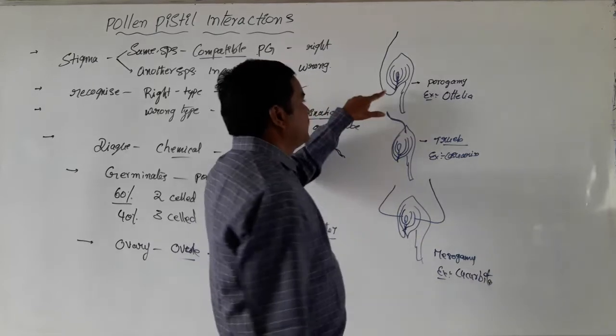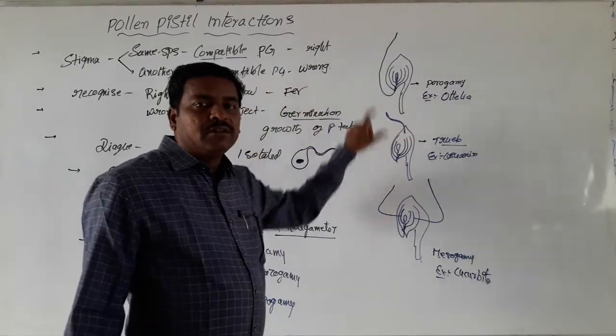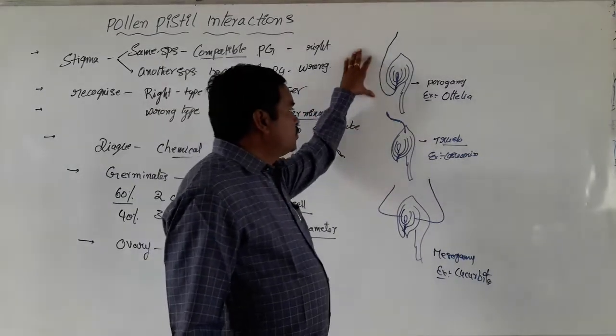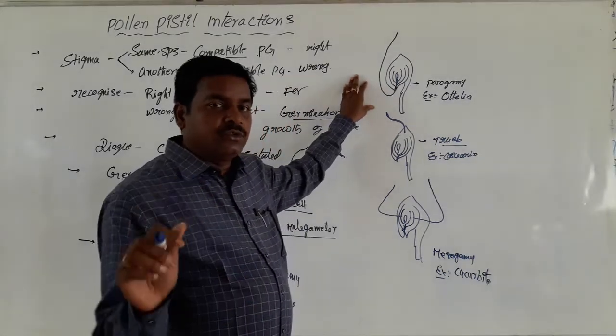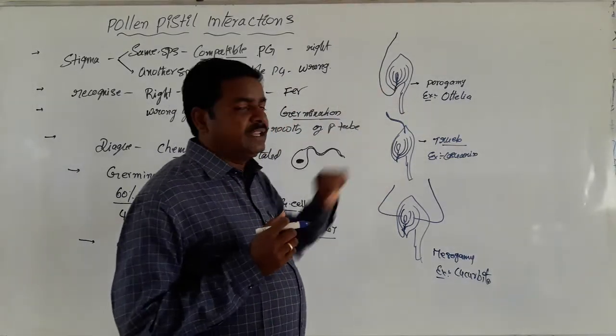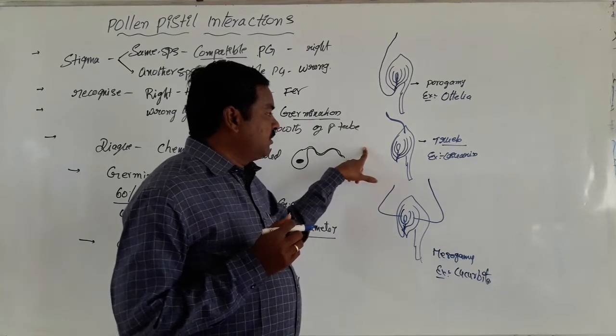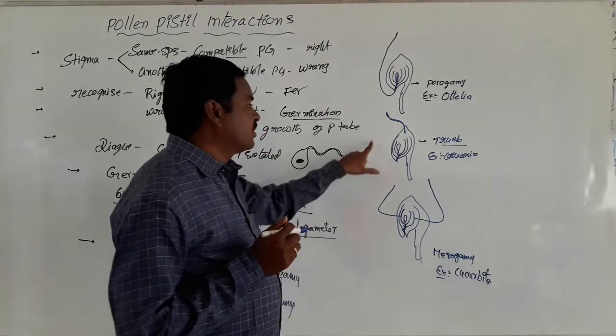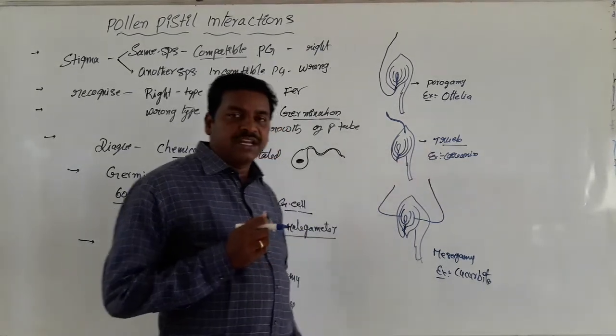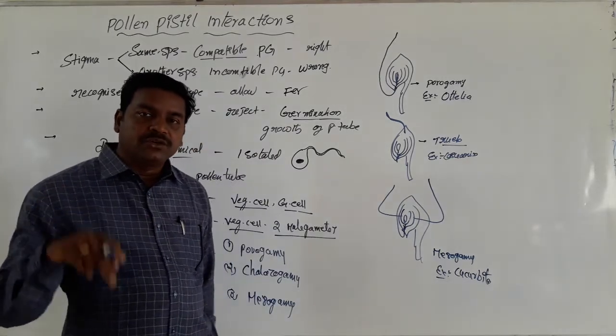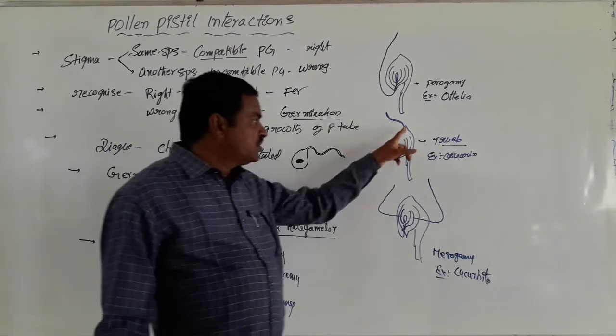So this is porogamy, where the pollen tube enters the ovule through the micropyle. The second one is chalazogamy, discovered by Treub in Casuarina, where the pollen tube enters the ovule through the chalaza.